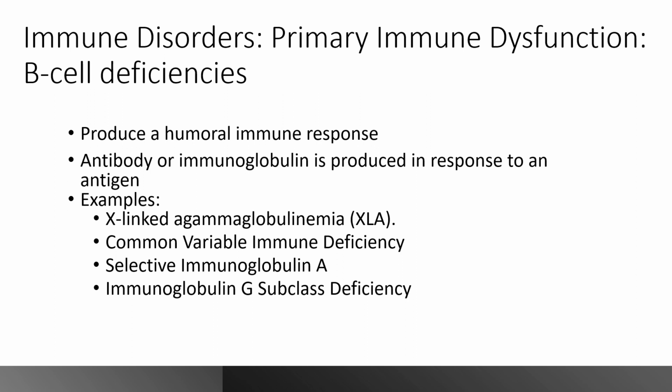So B cell deficiencies involve a lack of differentiation of B cell precursors into mature B cells, or a lack of differentiation of B cells into plasma cells. So examples of these B cell deficiencies are XLA, common variable immune deficiency, selective immunoglobulin A, immunoglobulin G subclass deficiency.